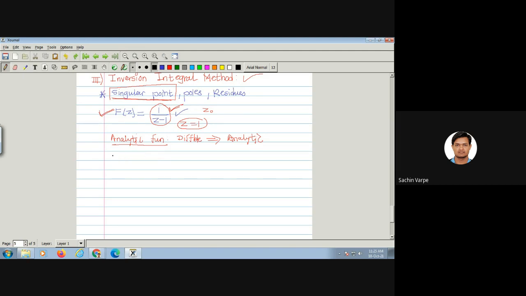You can write there: singular point means a point at which the function fails to be analytic.